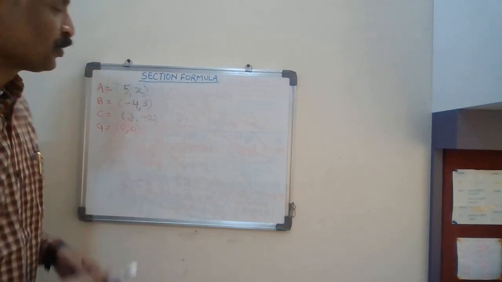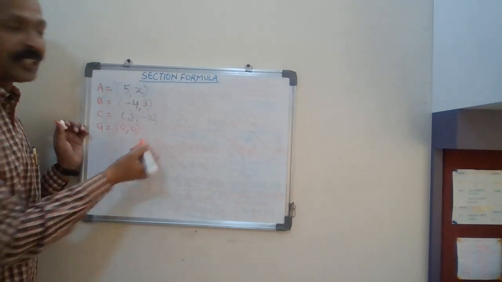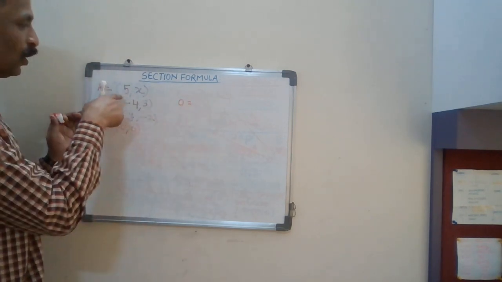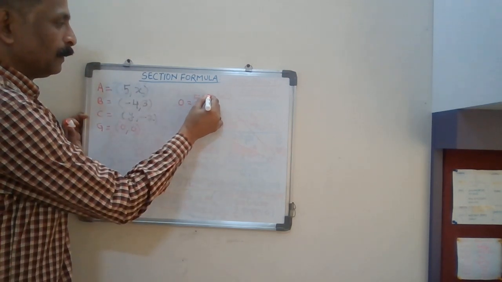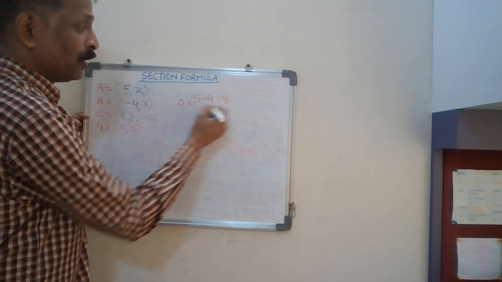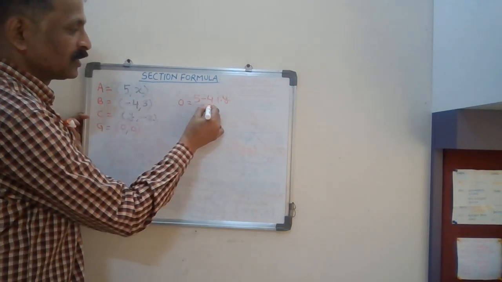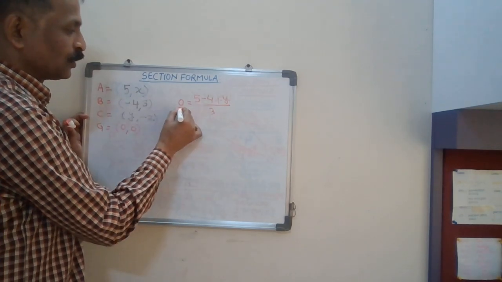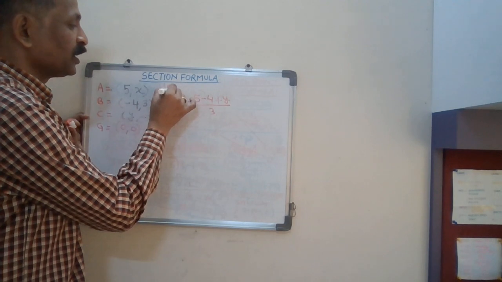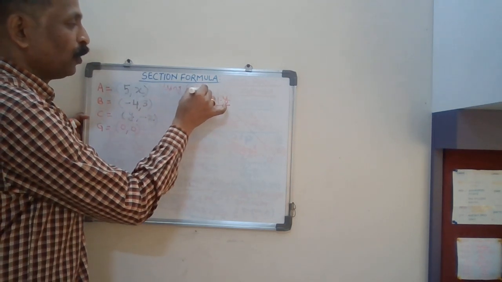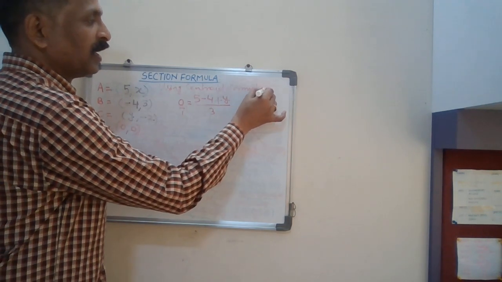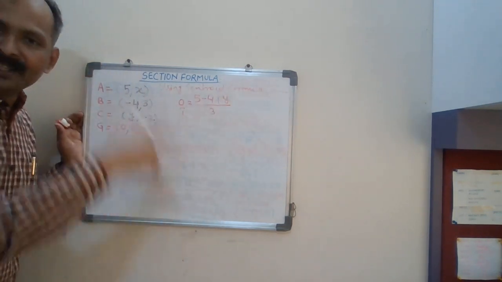Now let us solve. You can equate with your centroid formula. So you can say 0 equal to, add them all, 5 minus 4 plus y, because I have to add them, minus 4 I wrote because it was minus, upon 3. So now 3 will shift this side. But please make a habit of writing using the centroid formula, write the formula also, and then you substitute.